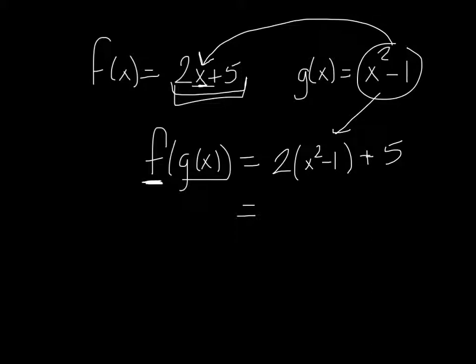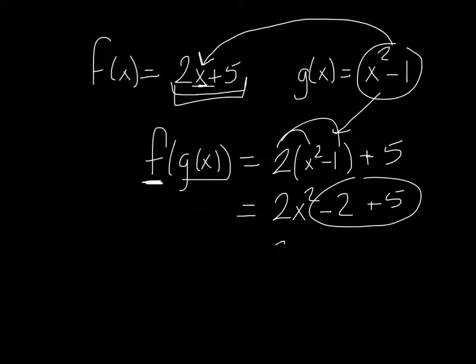So now that I have x squared minus 1, I just have to do my math now. It's just a matter of multiplying through by 2 and then combining like terms. So 2x squared plus 3. And that would be the composition of that. So it's really not that bad if you understand that you're just plugging one in for the other.